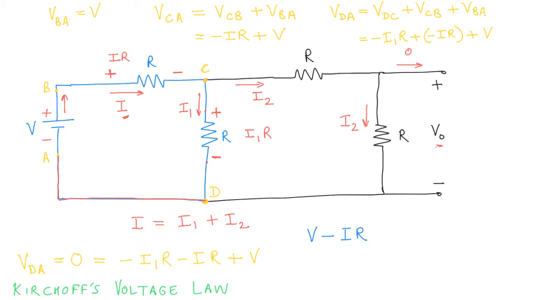And then we have this other resistor. Again, the voltage drops across it. What's the current flowing through it? I2.